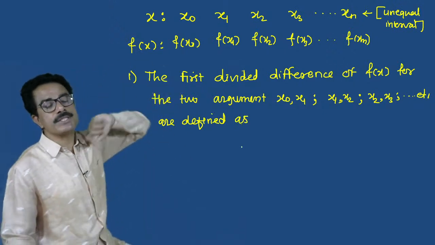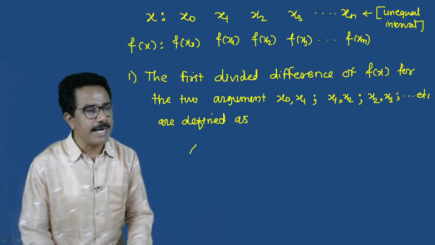Now how to define this first divided difference, which is denoted by delta dash.